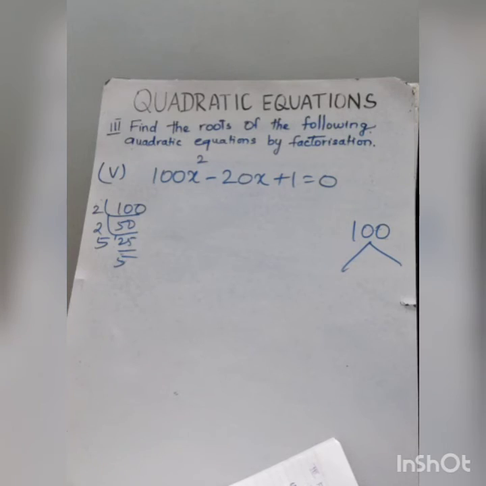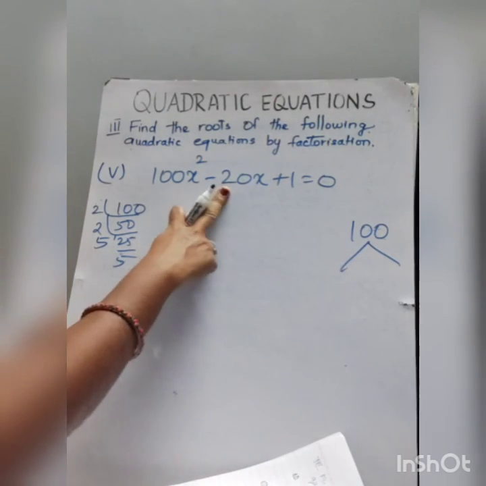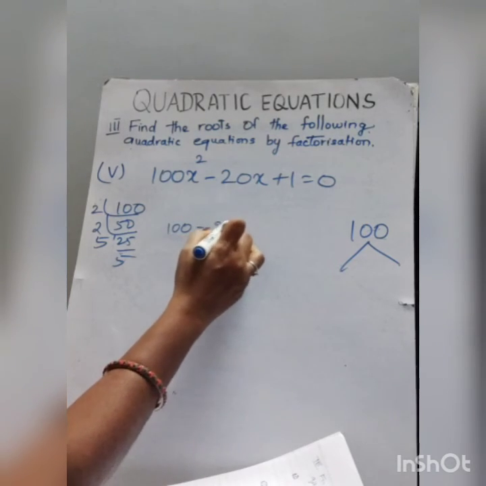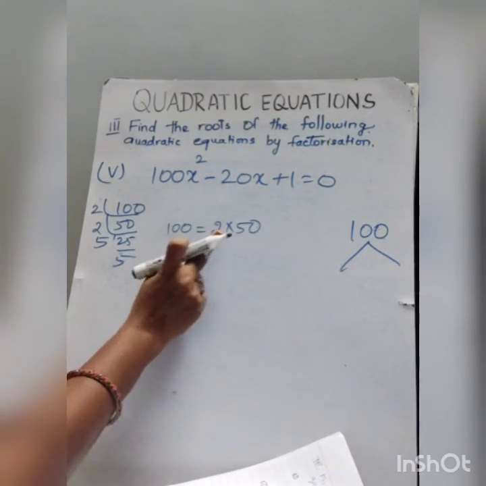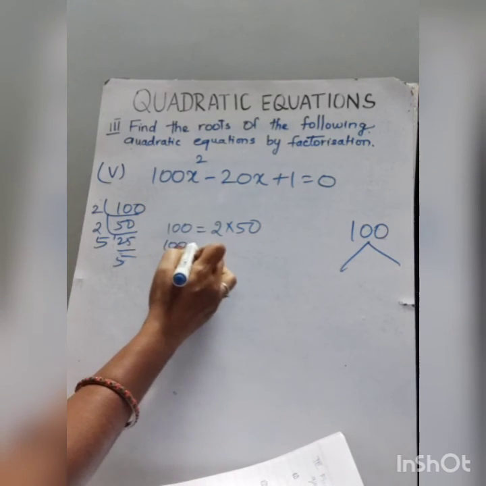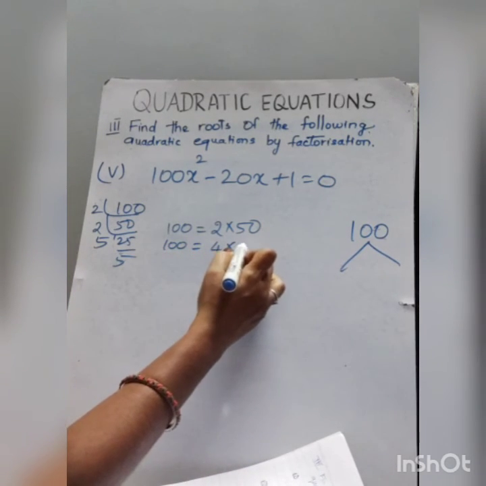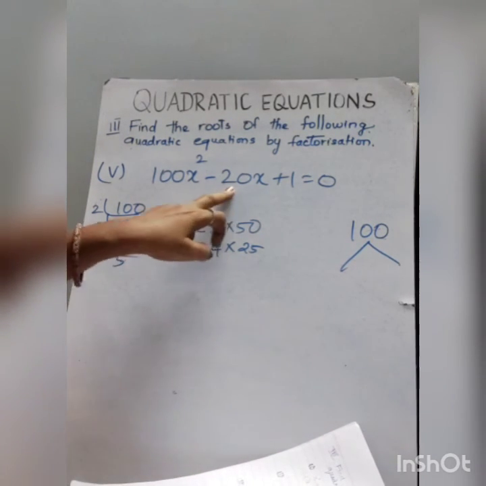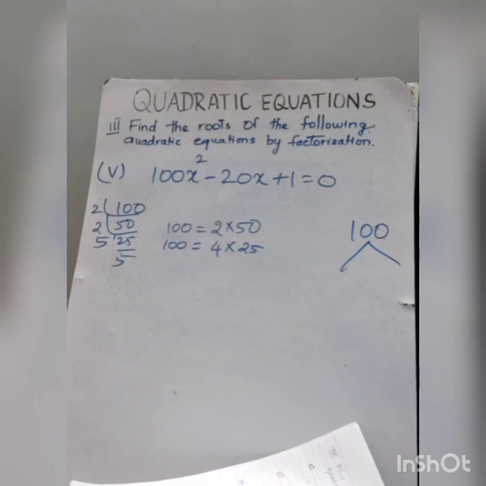2 into 50, but 2 with 50 will not give you minus 20. 100 again can be written as 4 into 25, but whose sum will not give you 20.